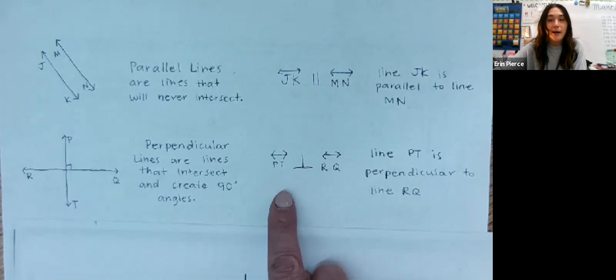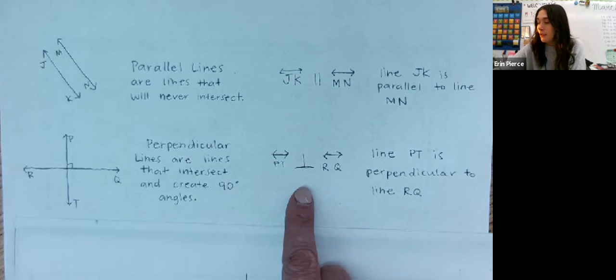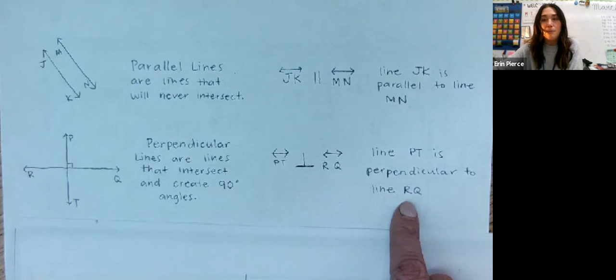Then to write it out in notation, I have line PT is perpendicular. The symbol for perpendicular is an upside down T to line RQ. Line PT is perpendicular to line RQ. I would read that as line PT is perpendicular to line RQ.